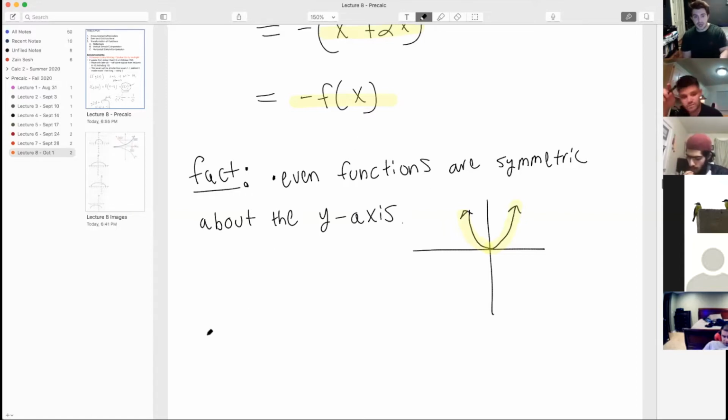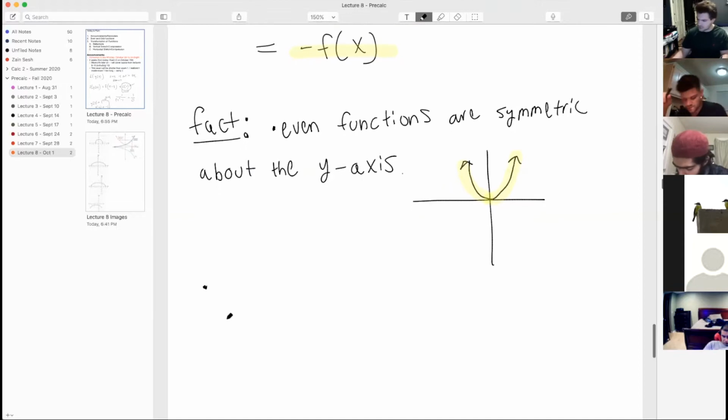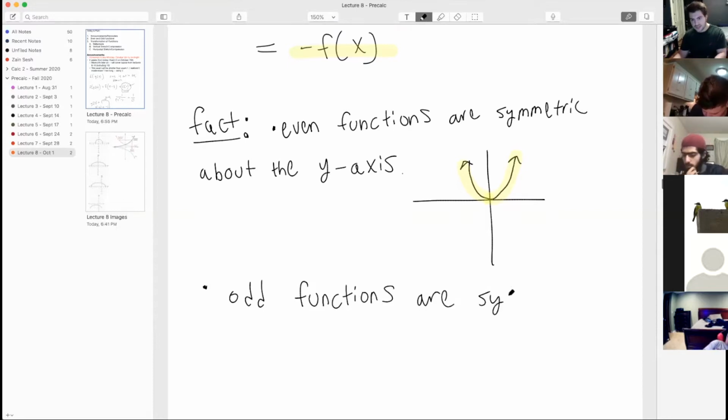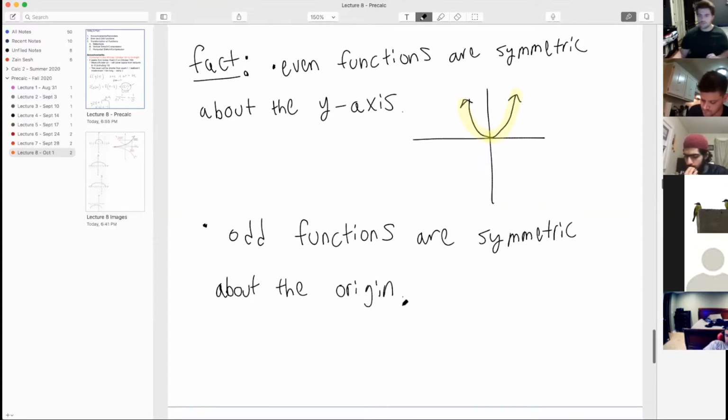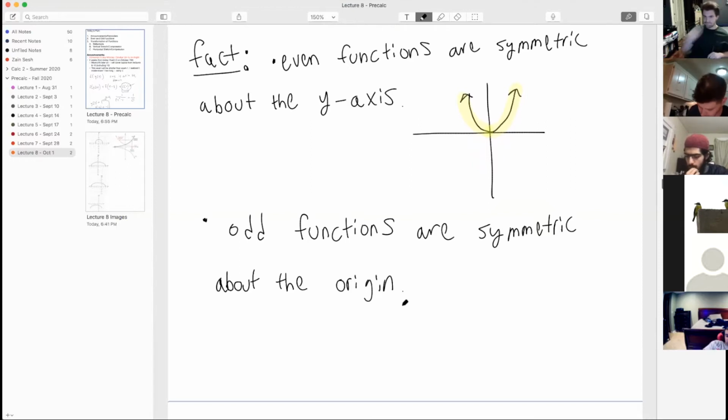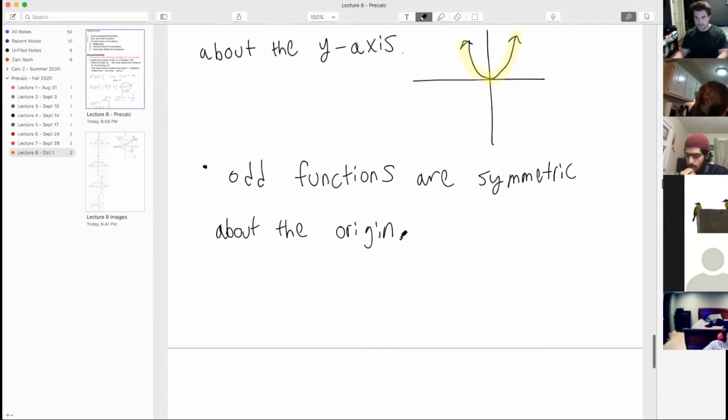And odd functions also enjoy some sort of symmetry. Odd functions instead are symmetric about the origin. Okay, and just a quick graph of that. You can look at the x cubed function.